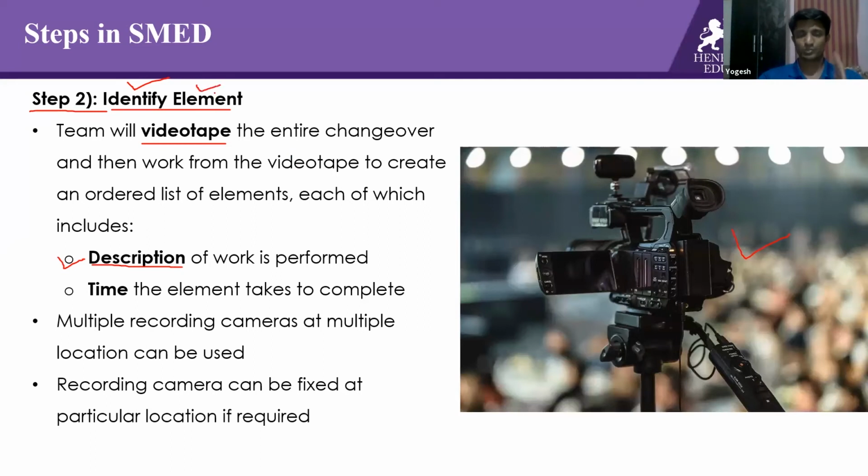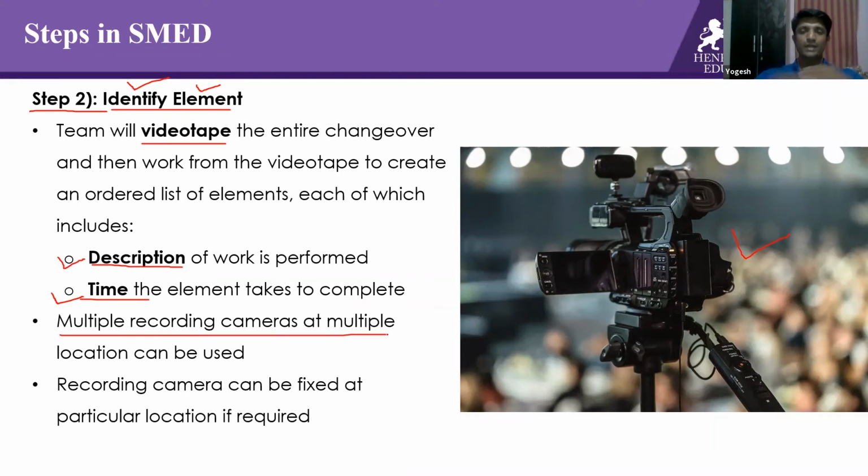Some small steps that are taken by the operator or the person involved in the changeover are called an element. So you need to find out the description of the work that is performed. And the second thing you need to find out is the time, right? If he is performing X activity, then what is the time required to perform that activity? That you need to identify. You can use multiple recording cameras at multiple locations.